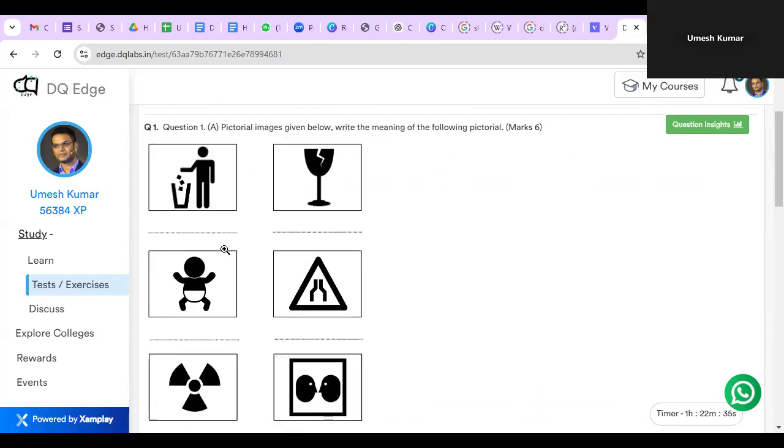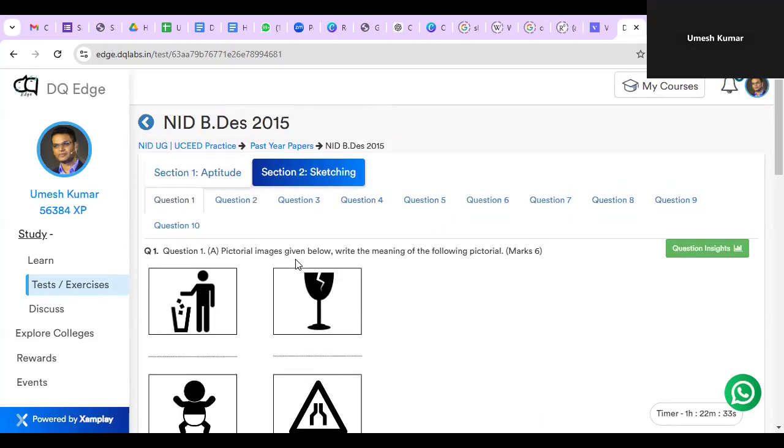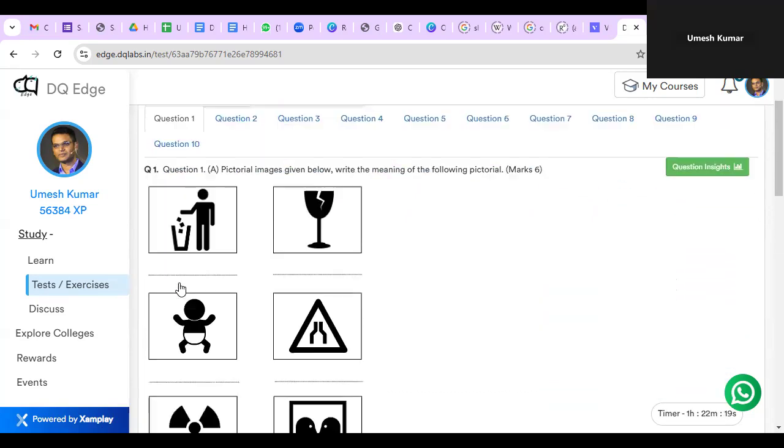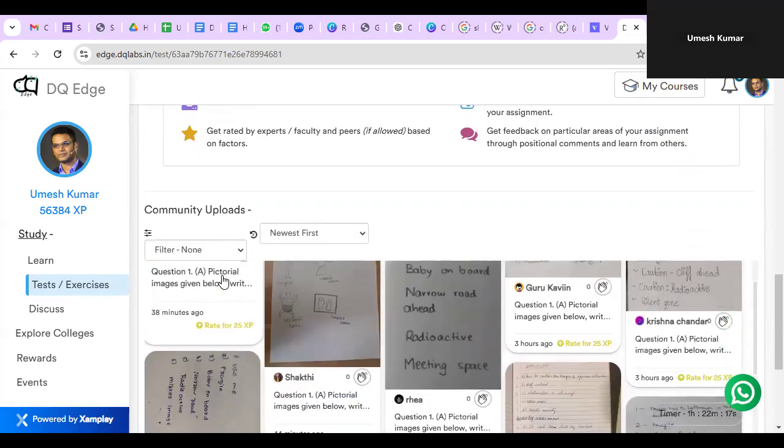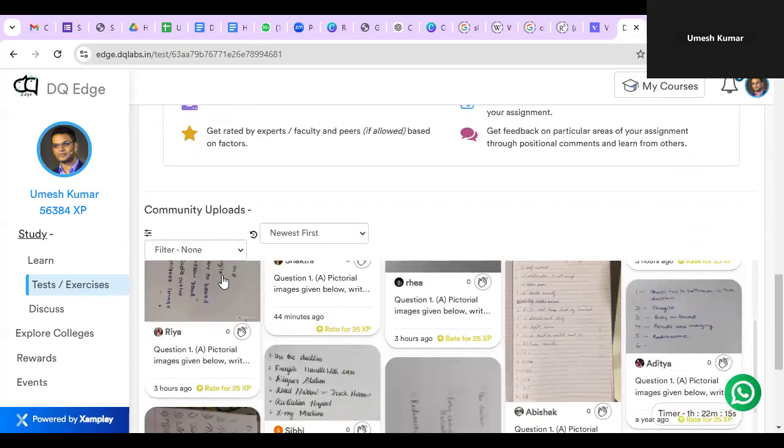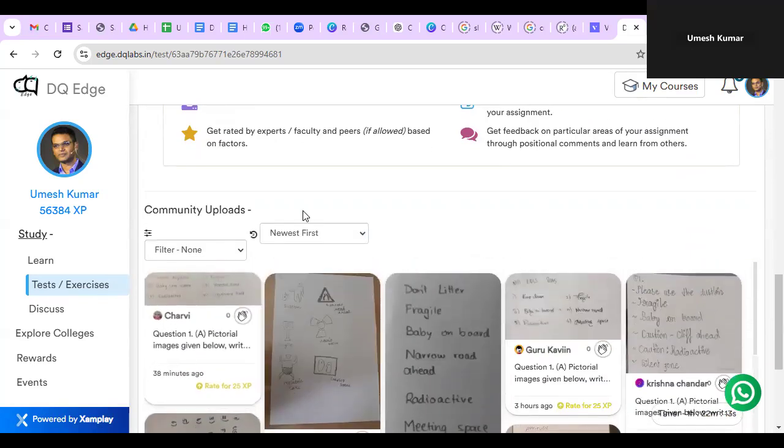All right, let's go question after question quickly. Question 1A, pictorial images given below. Write the meaning of the following pictorial. You just have to write the meanings, you don't have to redraw the entire thing. Okay, let me take who is all in the call.